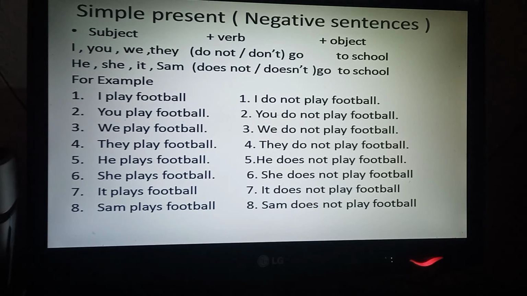So only for the third person you are talking about, you are going to add does not. For the rest, first person, second person, you are going to add do not to make a negative sentence. For the third person, you are going to add does not to make a negative sentence, that is, does not play football. He does not play football.